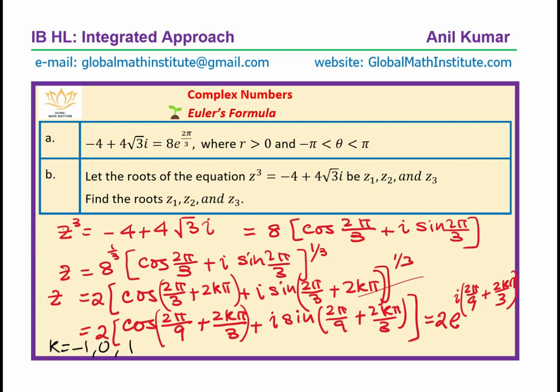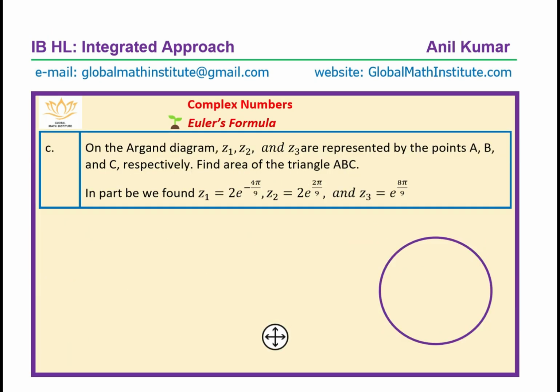So let's take it to the next page to write down our solution. What we did was, in our equation, we substitute the values of k as -1, 0 and 1, and we get the solution: z1 is 2e to the power of -4 pi by 9, z2 is 2e to the power of 2 pi by 9, and z3 is 2e to the power of 8 pi by 9.